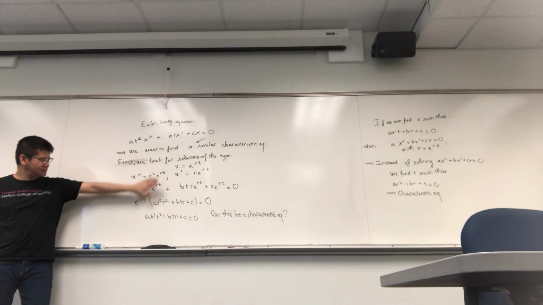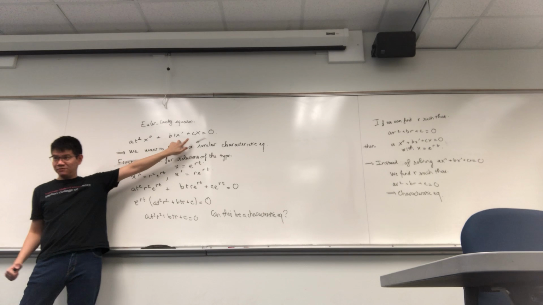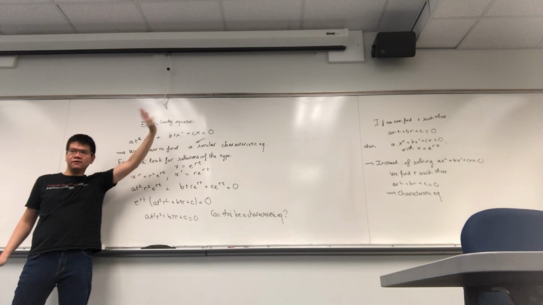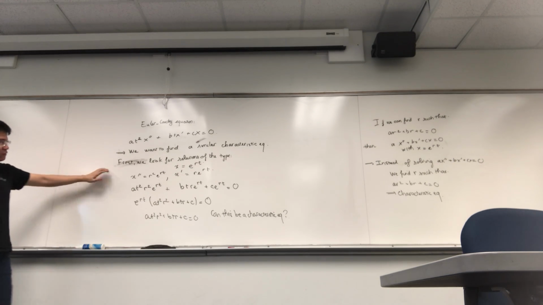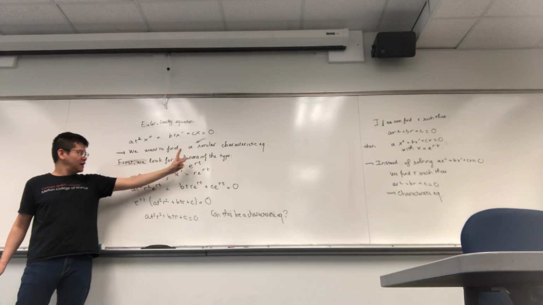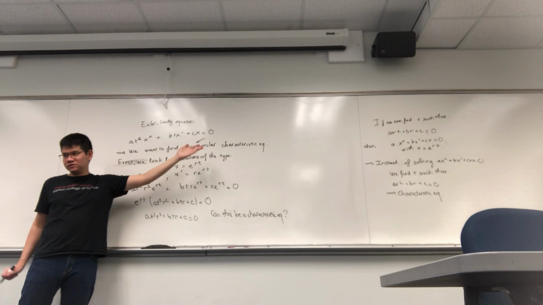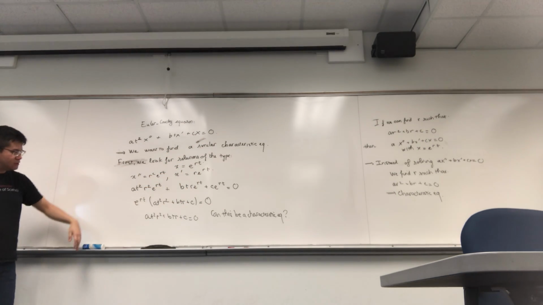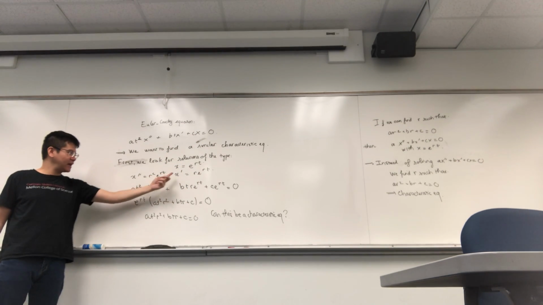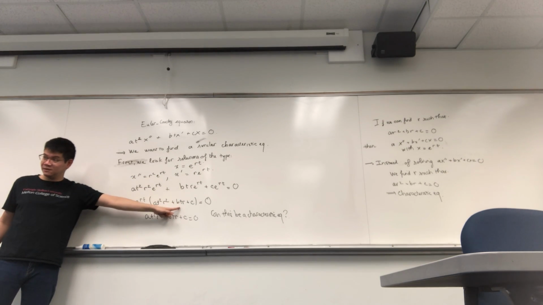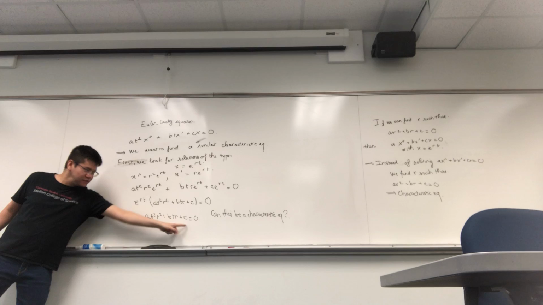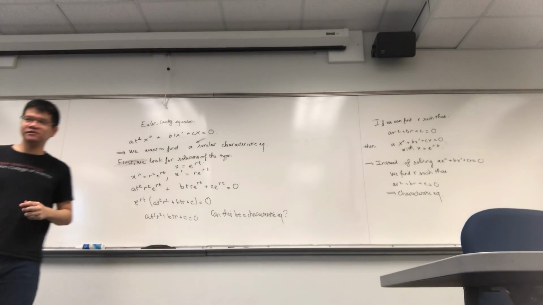In the previous case, you don't have t^2 and t, right? This was the constant coefficient equation. We plugged in x = e^(rt), r is a constant, and then we found an equation. In this case, we do the same, but the difference is that here I have t^2 and t. Can this be a characteristic equation?